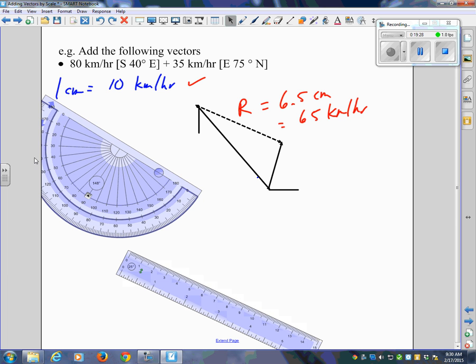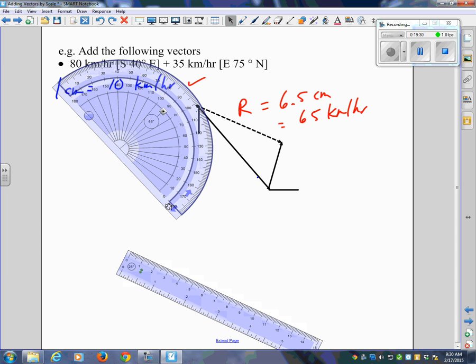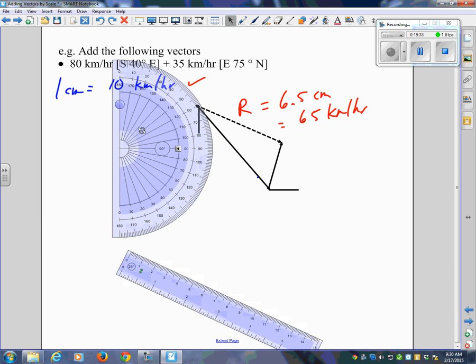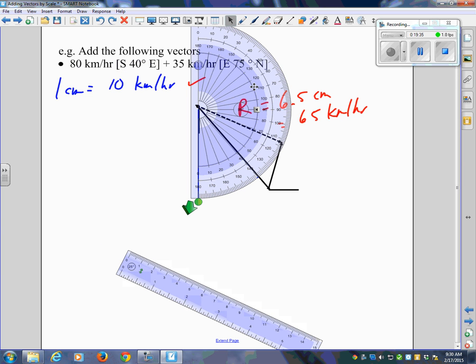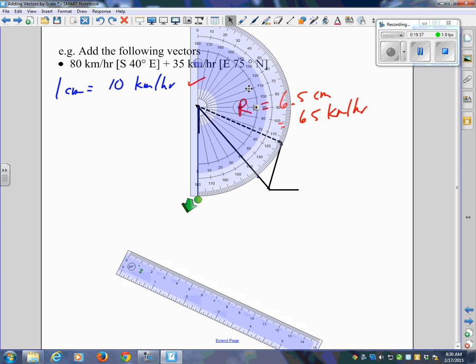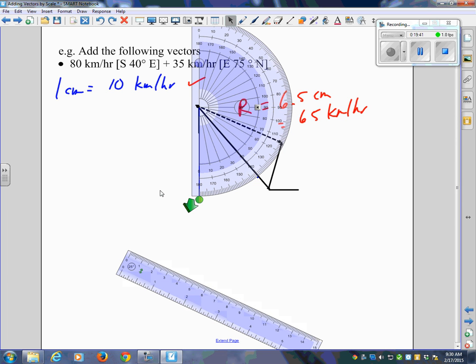Okay, I've got to go all the way like this. So measure from south, because you've already got it there. Make sure you measure the right one. So it's going to be south all the way to there. It looks like 66. South 66 east.